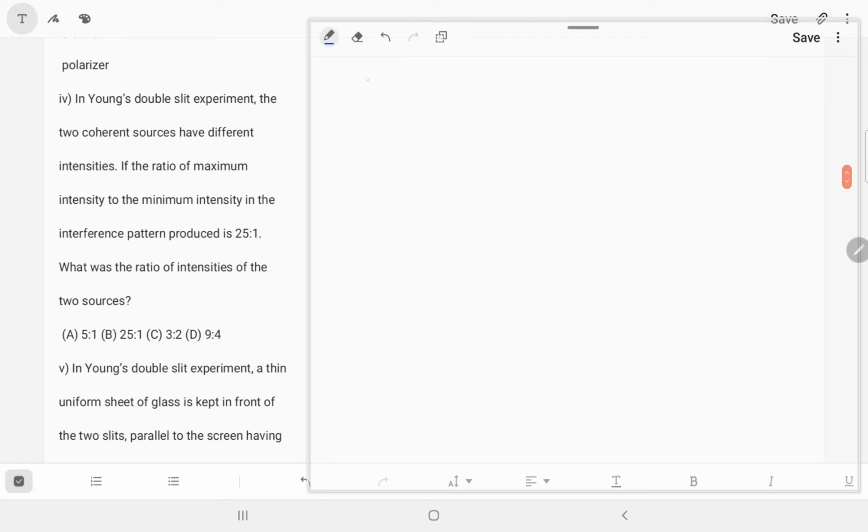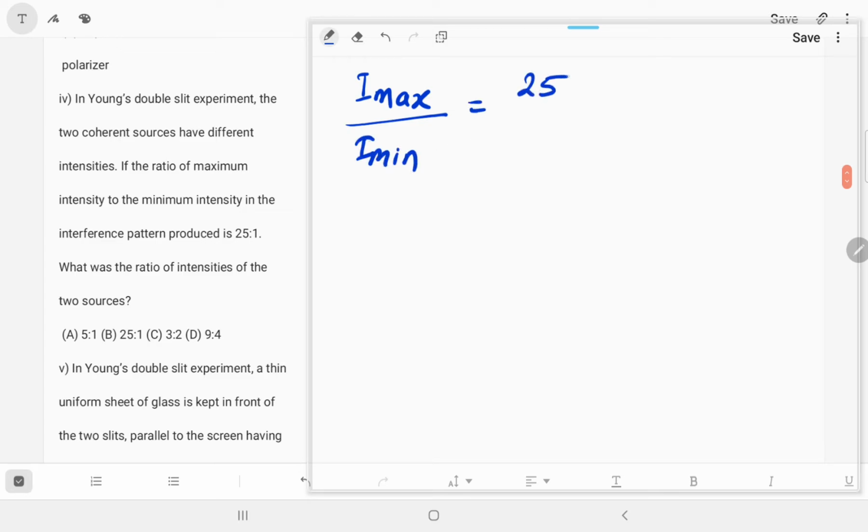So here they have given us I max upon I min, that is 25:1. So basically I max upon I min is the maximum intensity and minimum intensity ratio.